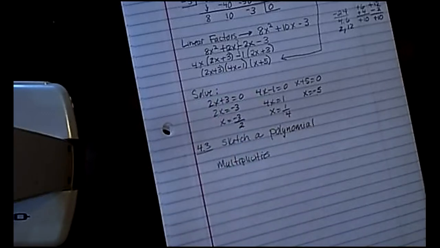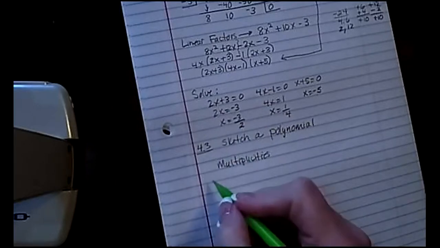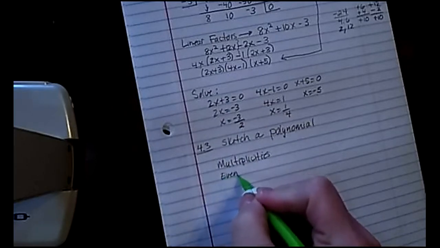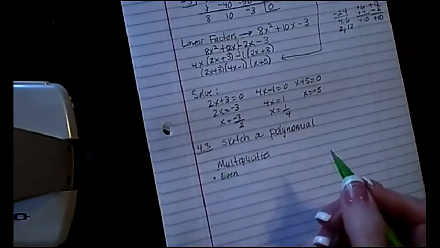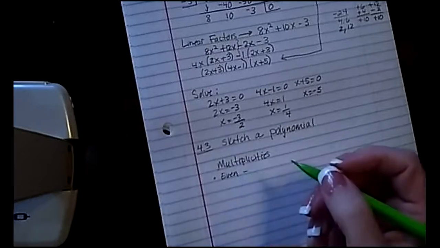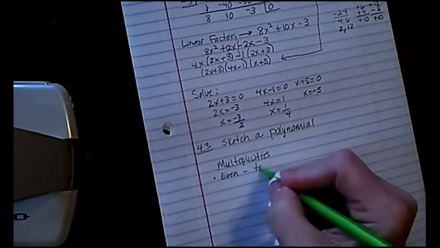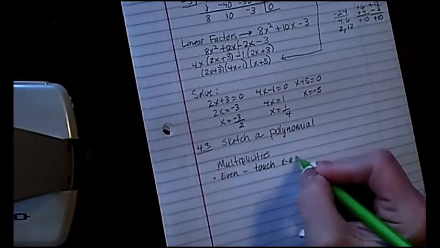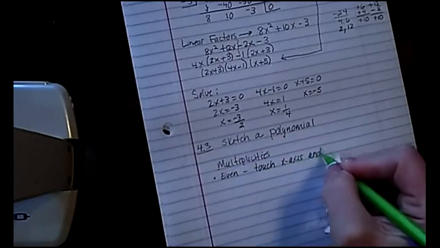But in a graph, how I recognize that is if my multiplicity is even, then it's going to touch your x-axis and bounce back. So if it's coming from the bottom, it'll bounce back down. If it's coming from the top, it'll touch that 0 and bounce back up, all right?